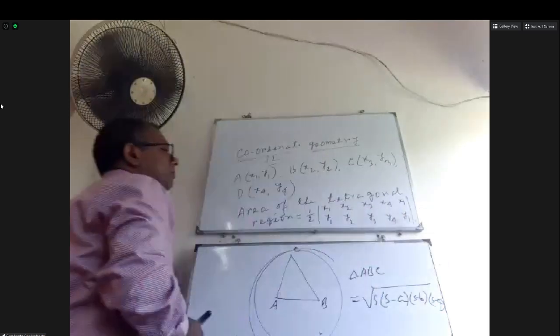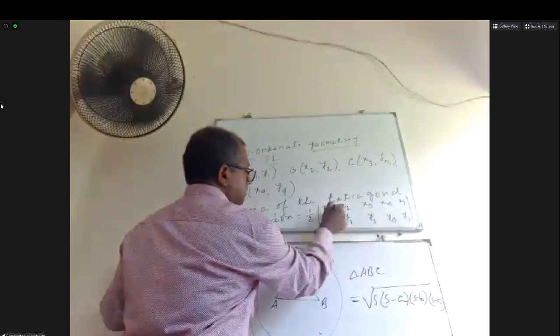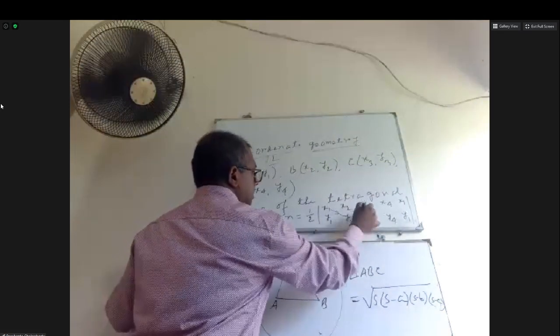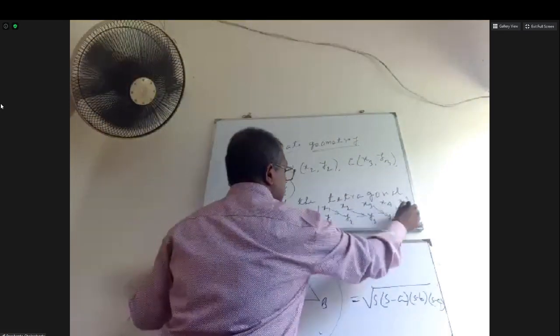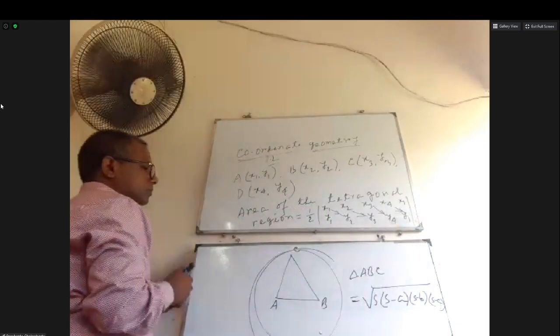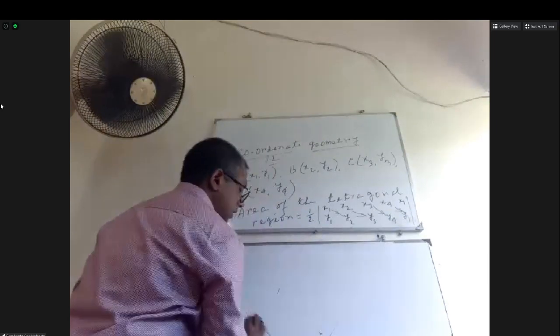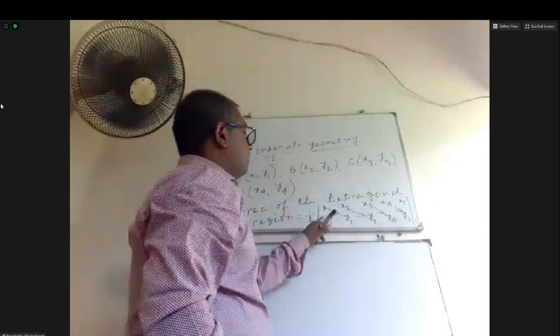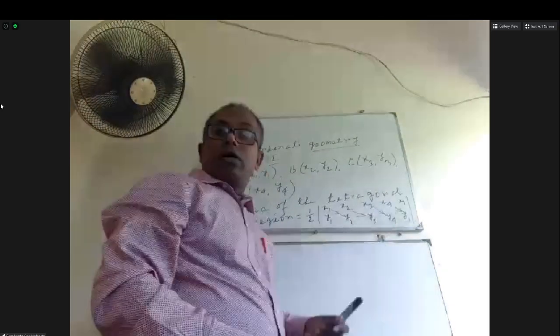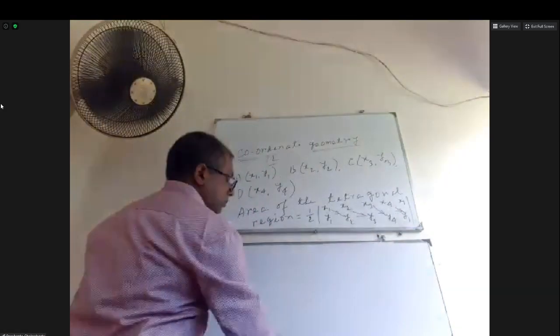The downward products will be positive. In this case, the first coordinates have been repeated.